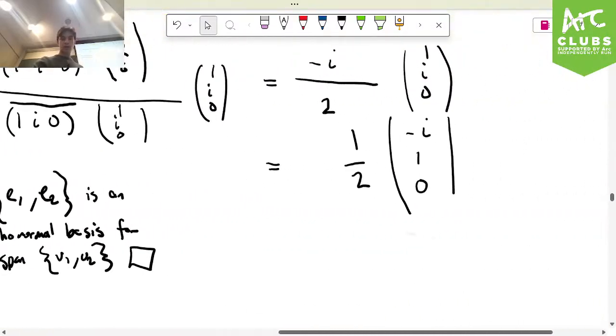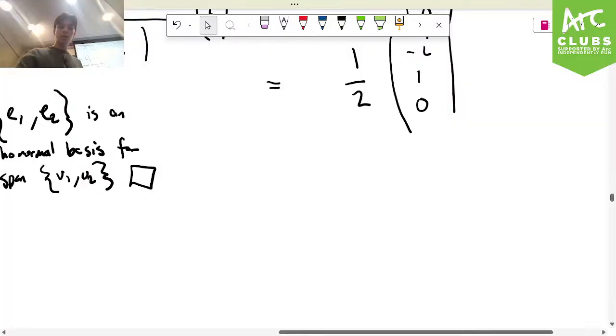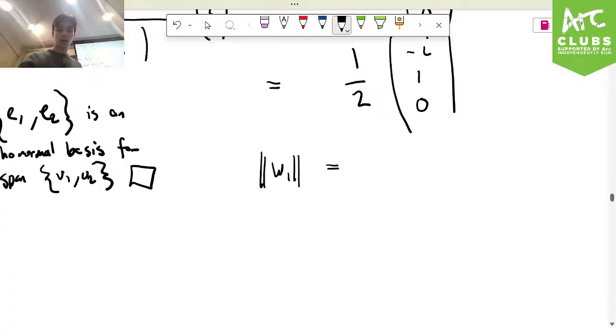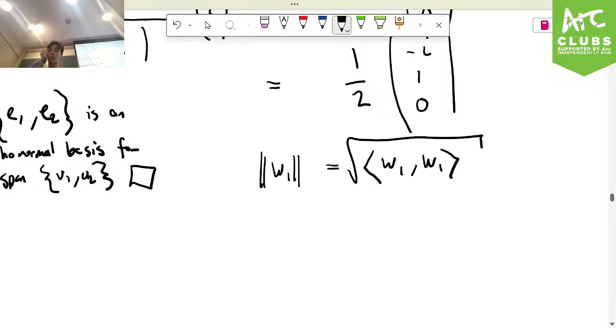And just one thing to note here. On an inner product space, the magnitude of a vector is defined as the square root of the inner product of that vector with itself, right?